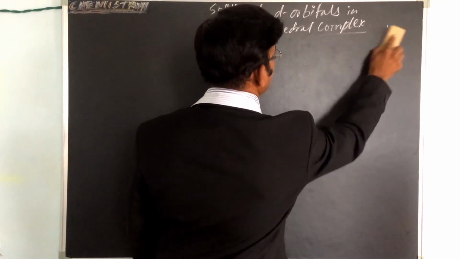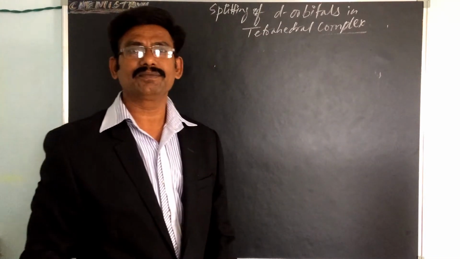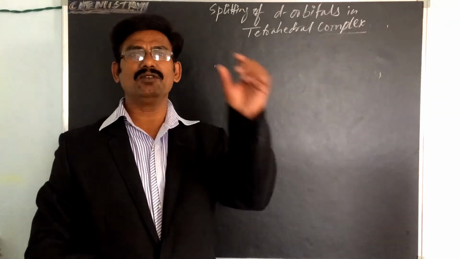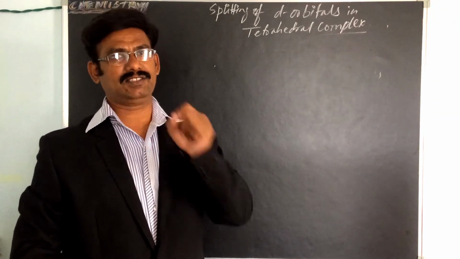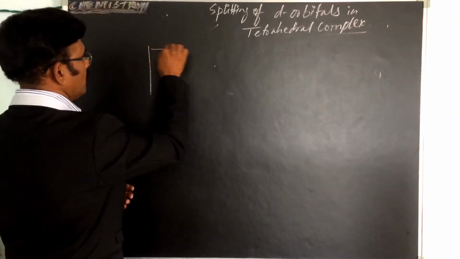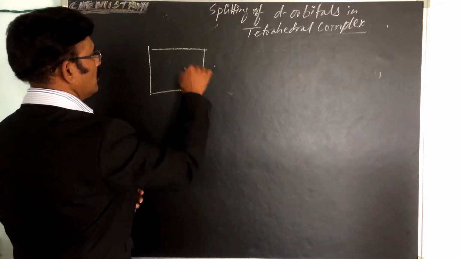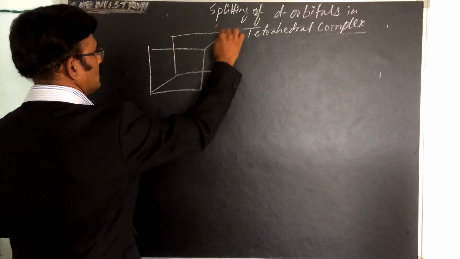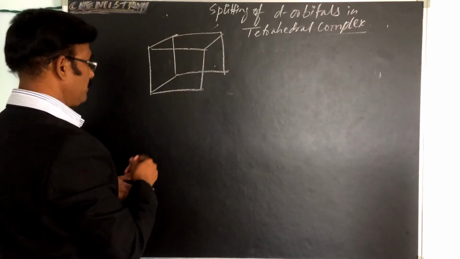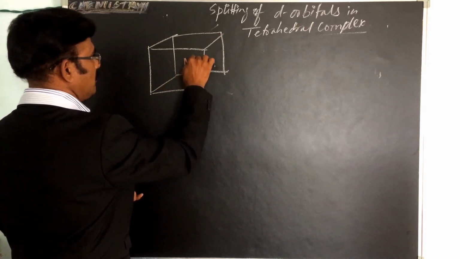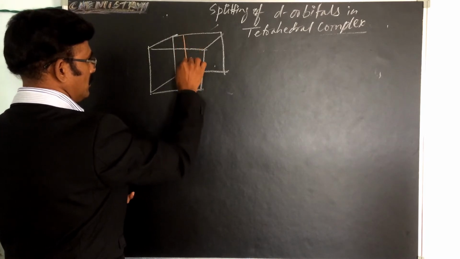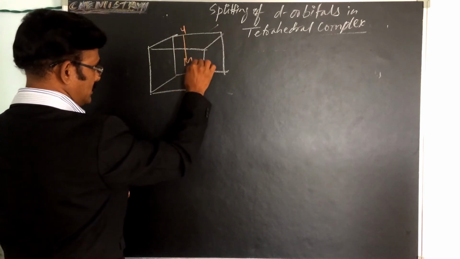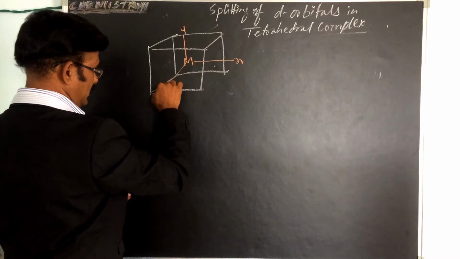Today we will see the splitting in the tetrahedral complex. Tetrahedral complex means first we will see the tetrahedral structure. So what is the structure? This is the cube, this is the central metal, and this is the y-axis, x-axis, z-axis.